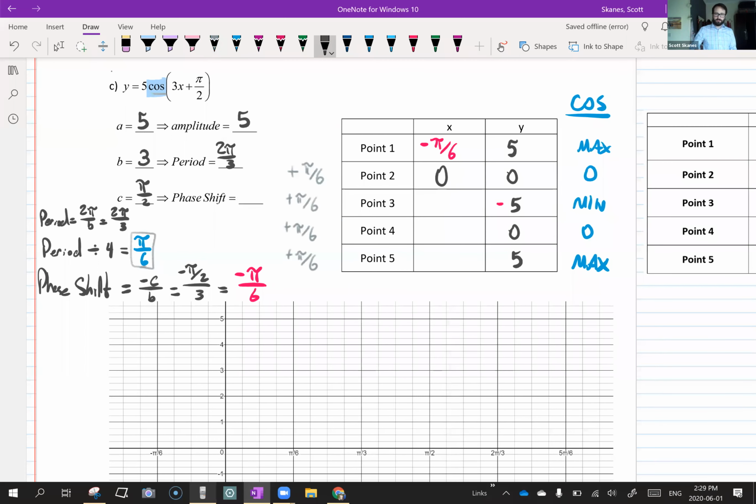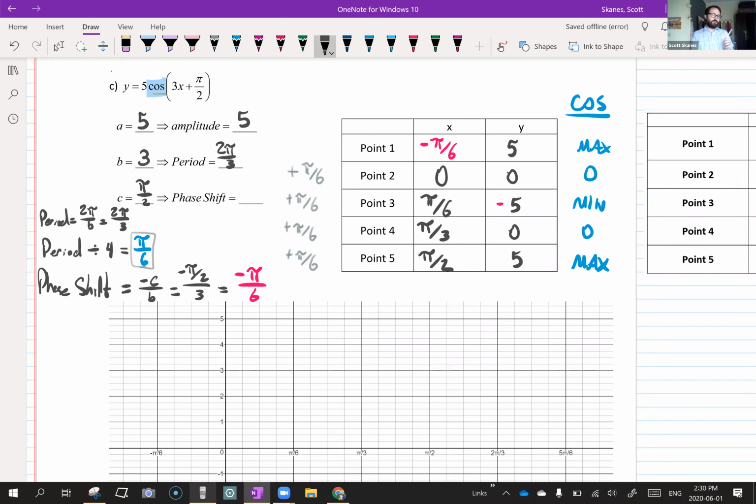And then adding pi over 6 to that is easy. It's going to be pi over 6. Add another pi over 6, I think you'll find it's 2 pi over 6, pi over 3. Add pi over 6 again, it ends up being pi over 2.